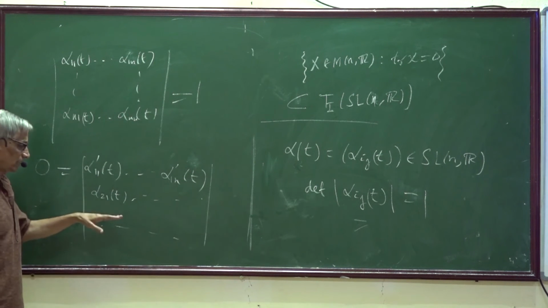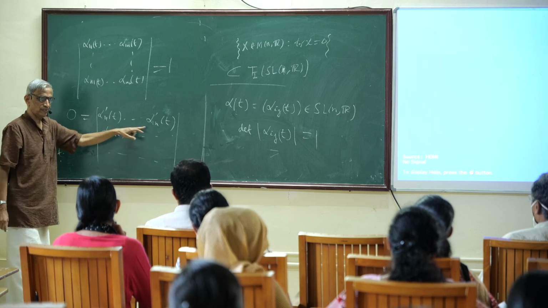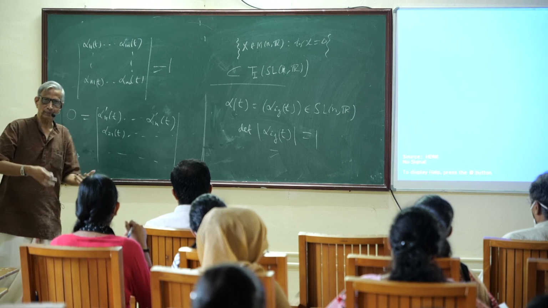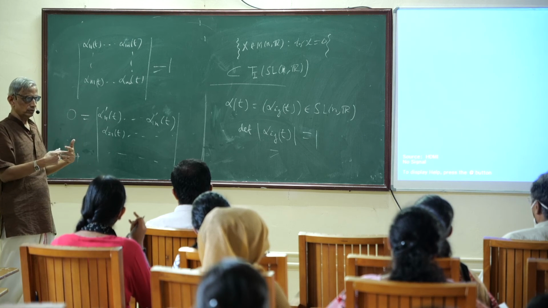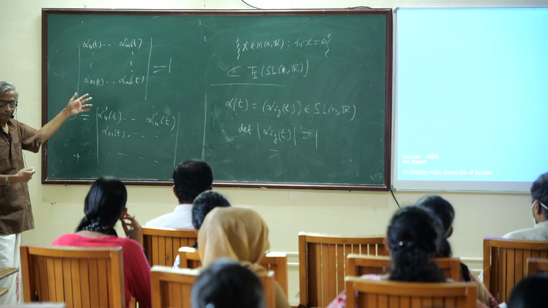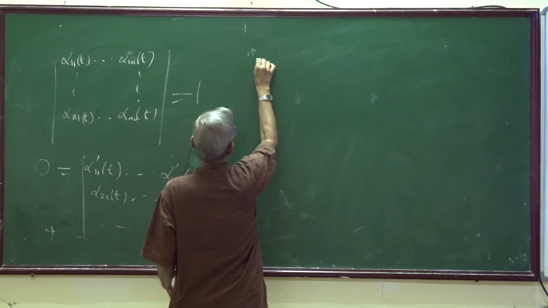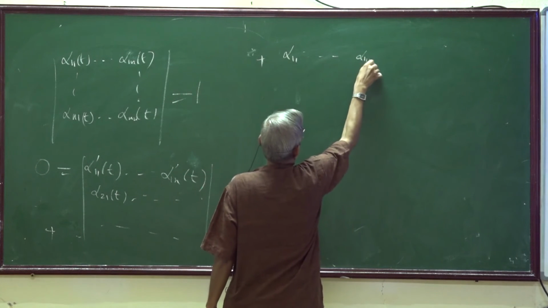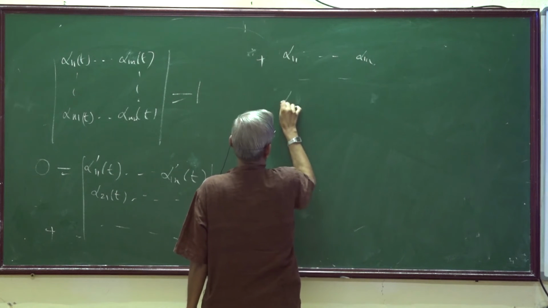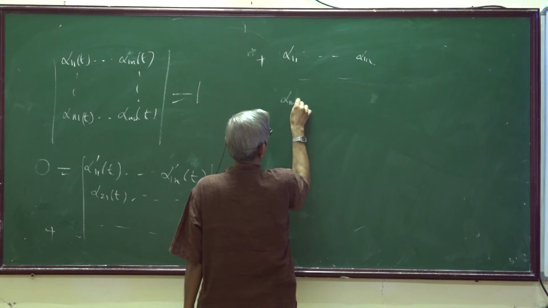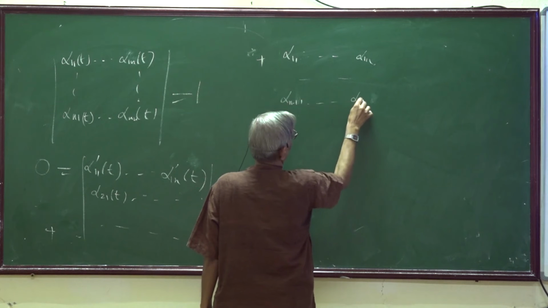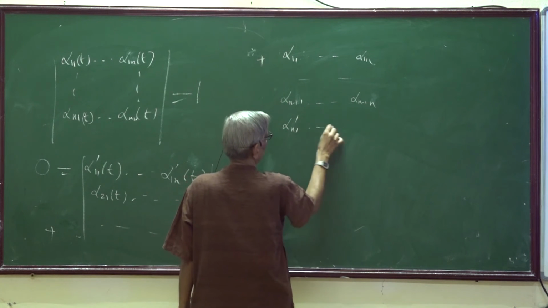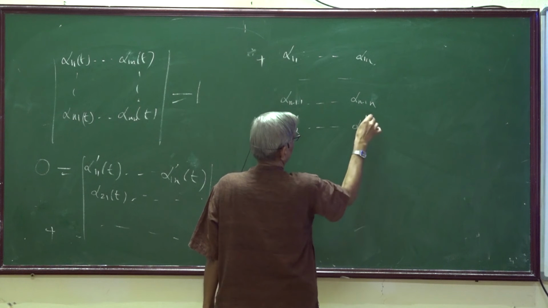So you have nothing done to the other rows, you have just differentiated the first row. Plus, you do the same thing for every row. Differentiate the second row, keep the other rows the same. The last term will be alpha 1 1, alpha 1 n, and so on, alpha n minus 1 1, alpha n minus 1 n, alpha n1 prime, alpha nn prime.